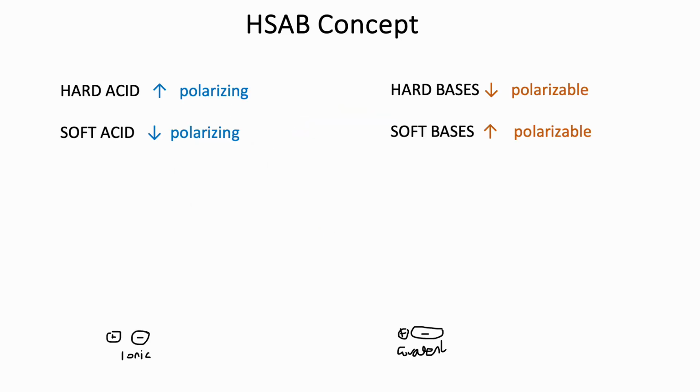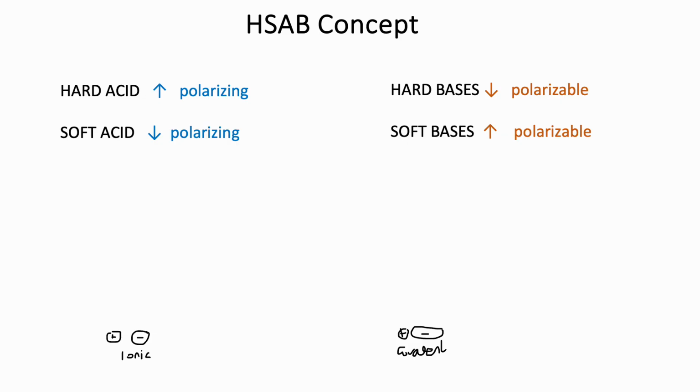So we have your hard and soft concept. Remember that hard acids are strongly polarizing and hard bases are less polarizable. Soft acids naman are weakly polarizing, while soft bases are highly polarizable due to their big size and small charge.